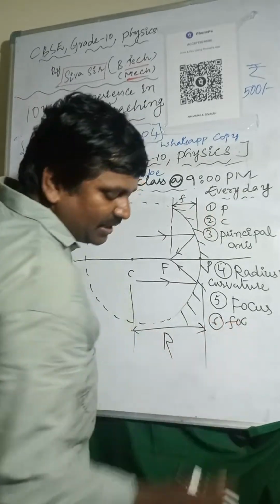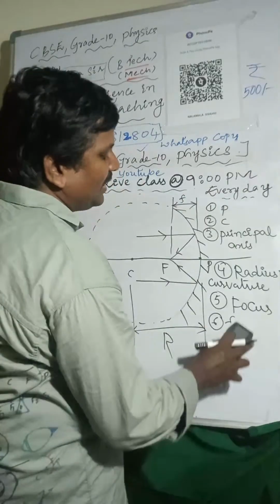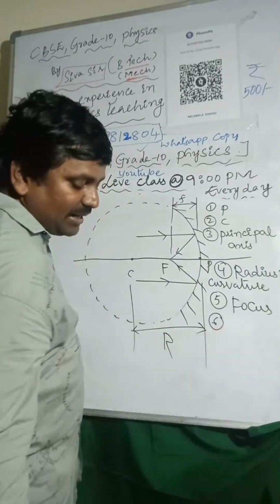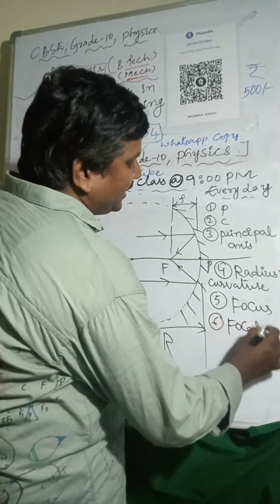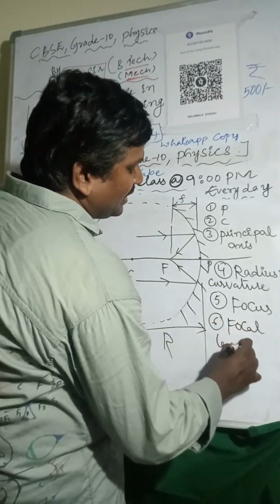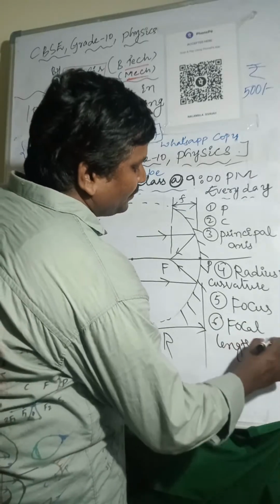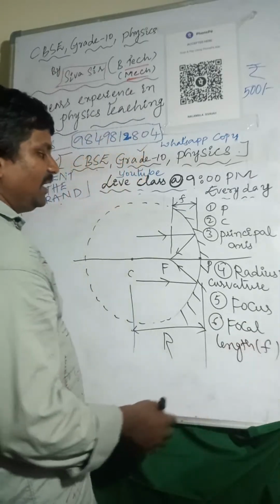Focal length can be denoted with a small letter f.